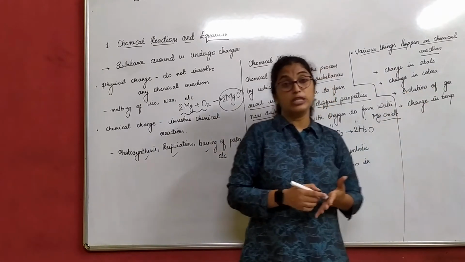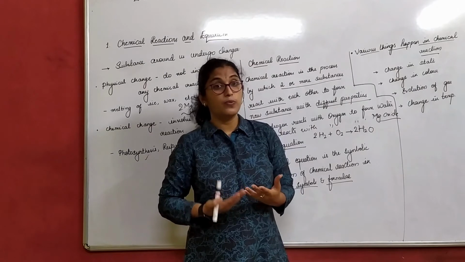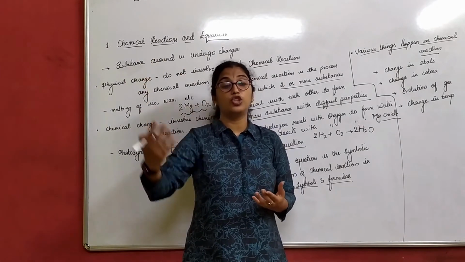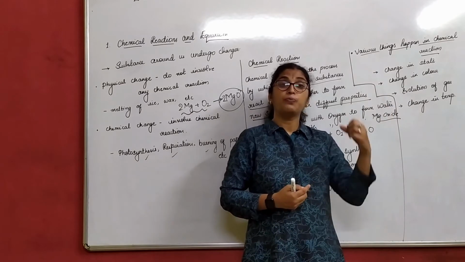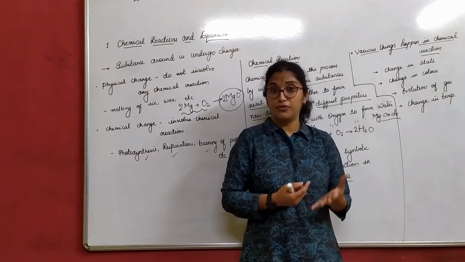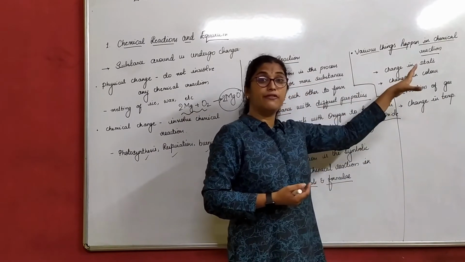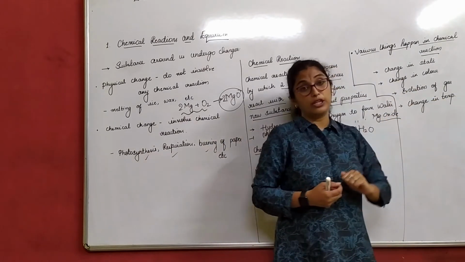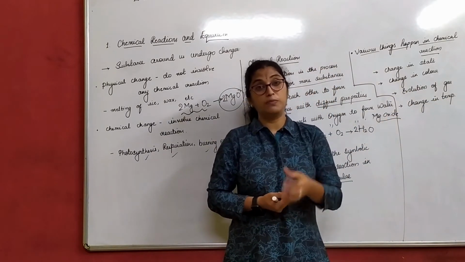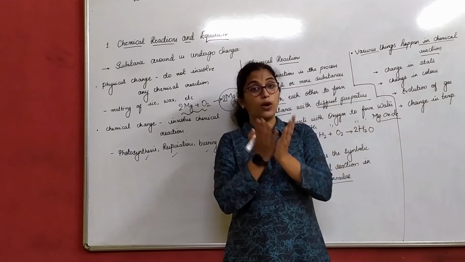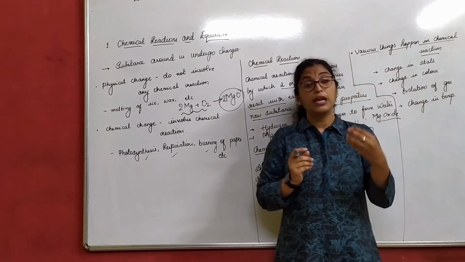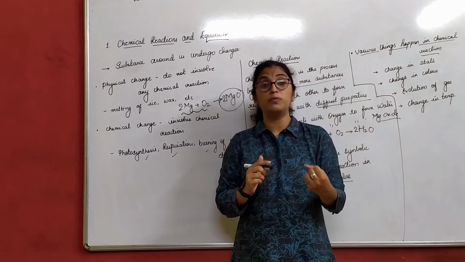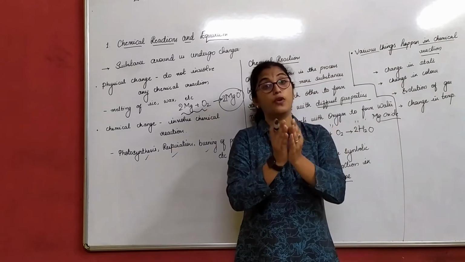Evolution of gas. As we told, in certain reactions there might be some evolution of gas. Say in a particular reaction, hydrogen gas is evolved, carbon dioxide gas is evolved, right? So gases are evolved. Change in temperature means when I take two or more reactants and mix them in a test tube, and when I touch the test tube, it has turned warmer.